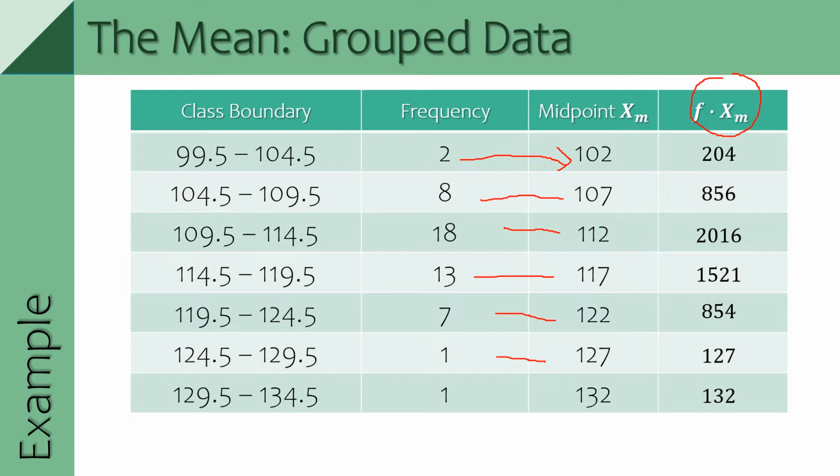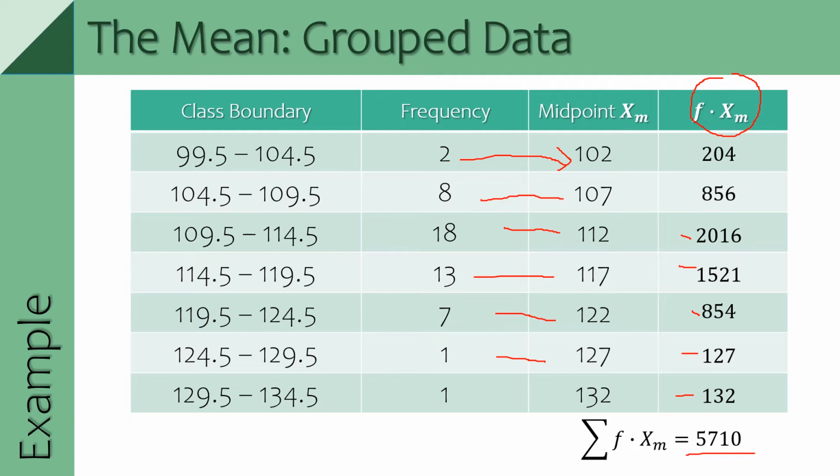After doing that, let's get the summation of f multiplied by midpoint. So 204 plus 856 plus 2016 plus 1521 plus 854 plus 127 plus 132 is equal to 5,710.